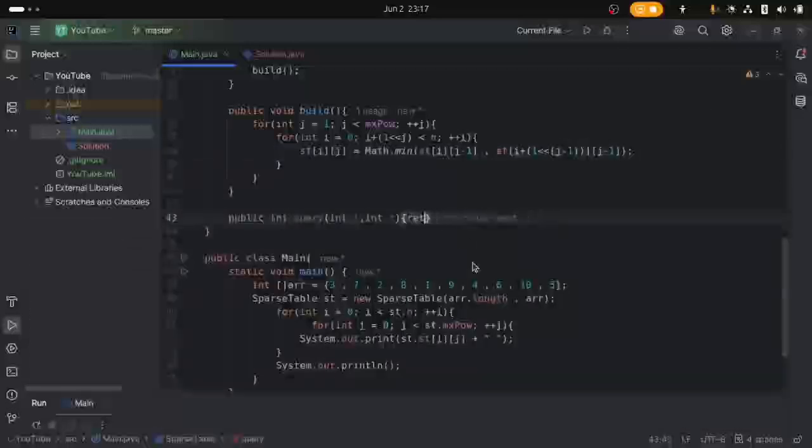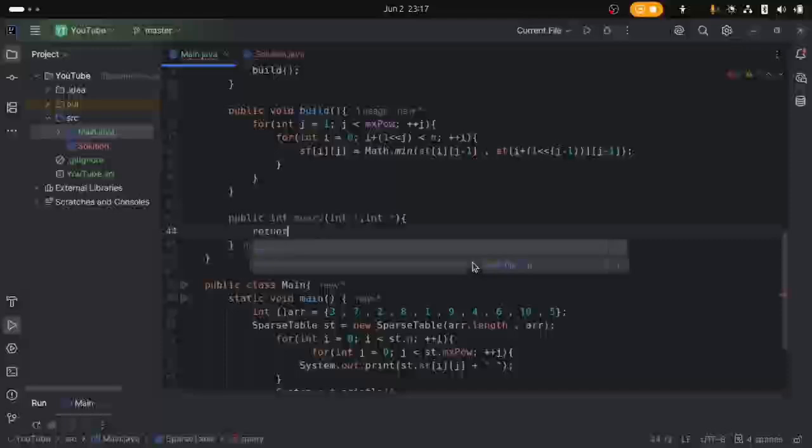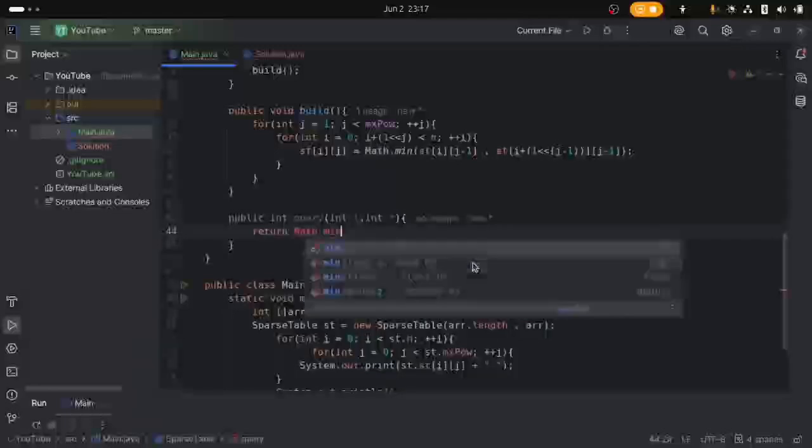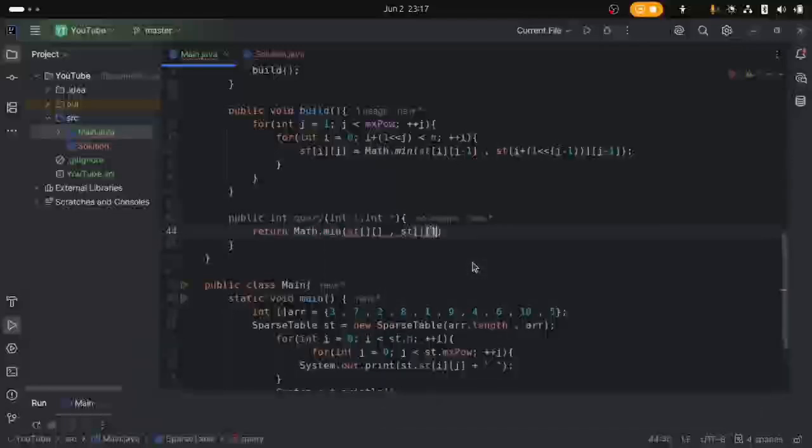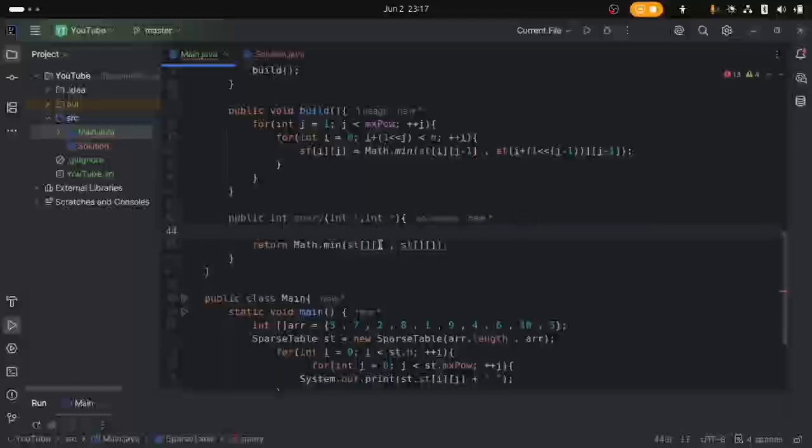Now let's write the query function. Now the query function is even easier and smaller. We have to just return math.min of those two values. Here we will use that log array. First we will start from our l.